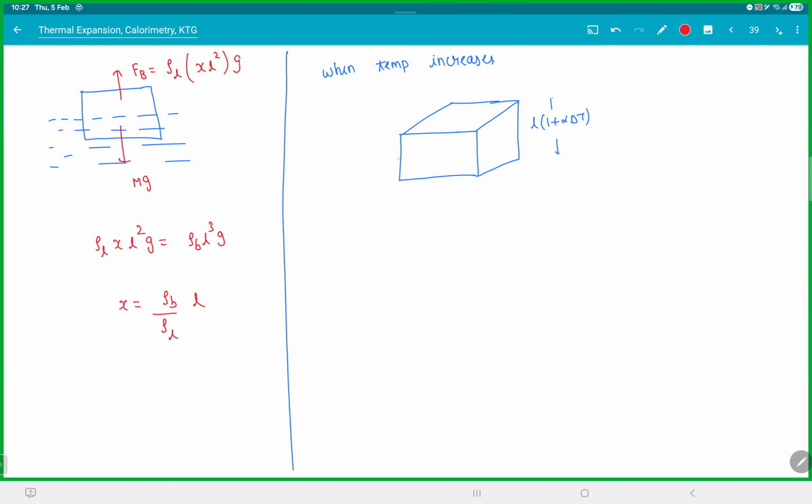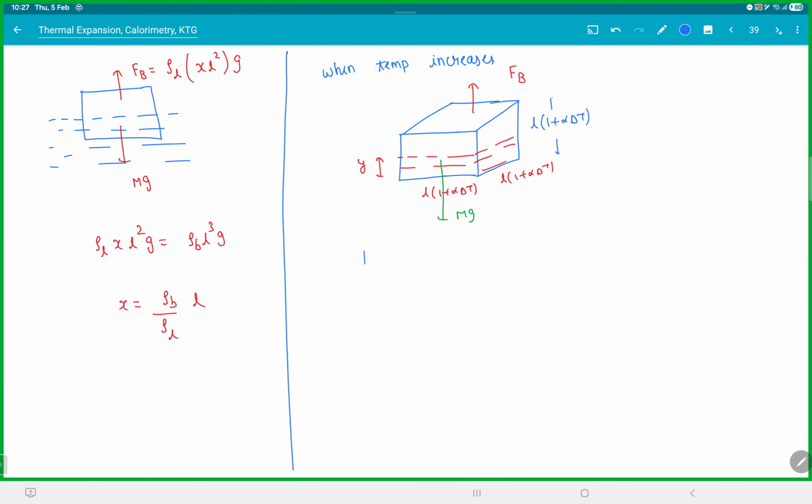Now let's say it is in the liquid up to y. This is L into 1 plus alpha delta T. This is also L into 1 plus alpha delta T. Now you have a new buoyant force. Now remember, mg does not change because you increase the temperature, so mg will remain the same.